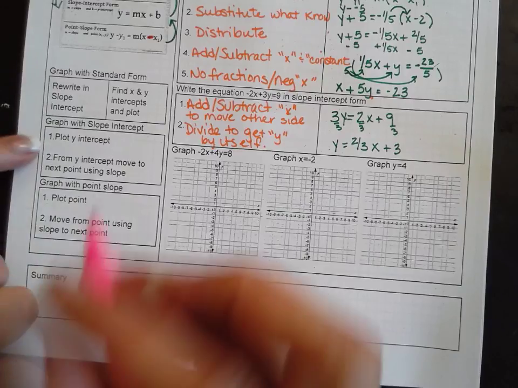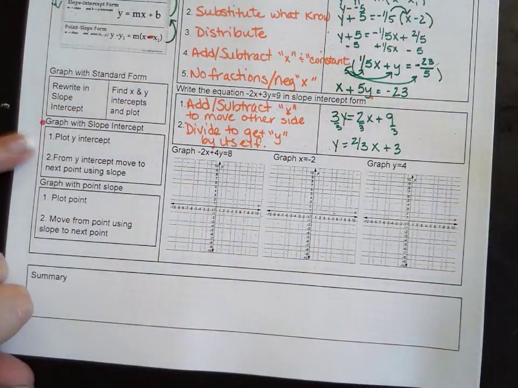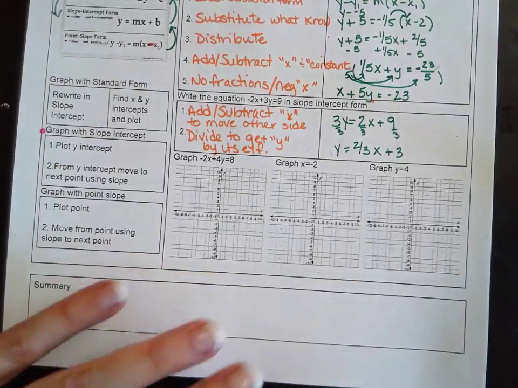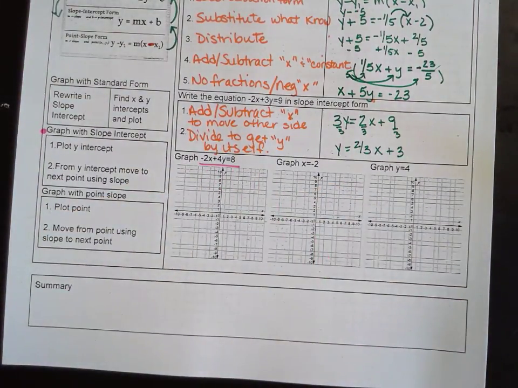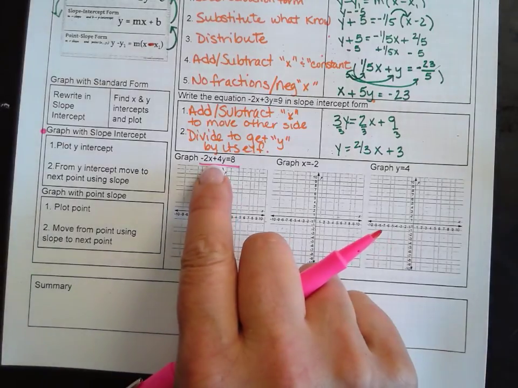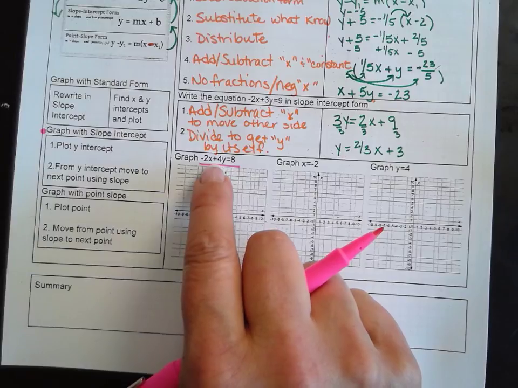Okay. Start off. If we want to graph with slope intercept, all right, am I in slope intercept here? No. You can graph in standard form, but you got to find your x-intercepts and your y-intercepts. Pain in the butt. Just put it in slope-intercept form. Much easier.